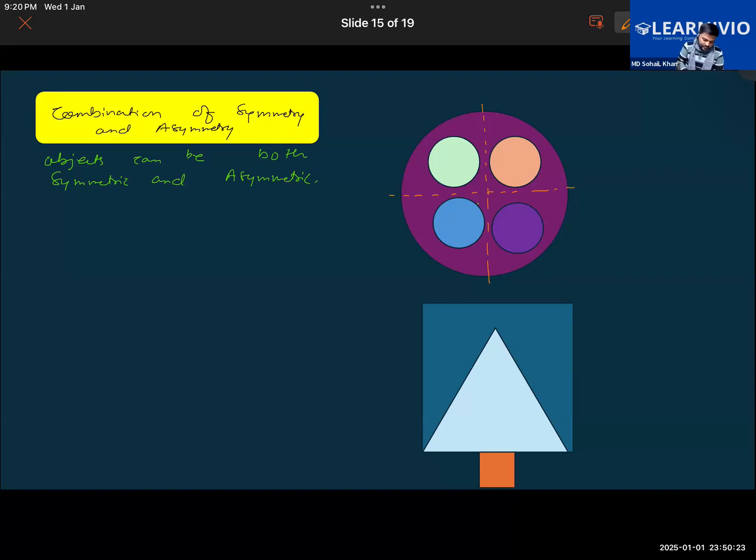Okay. Further, even though the shape is symmetric, the color difference can make it asymmetric.